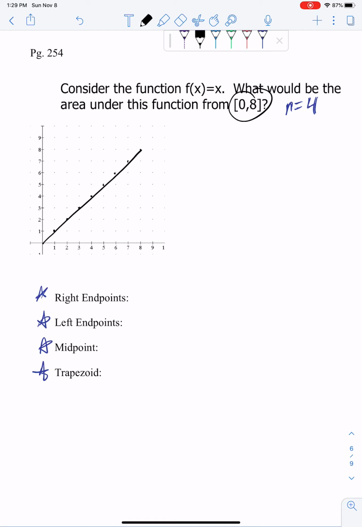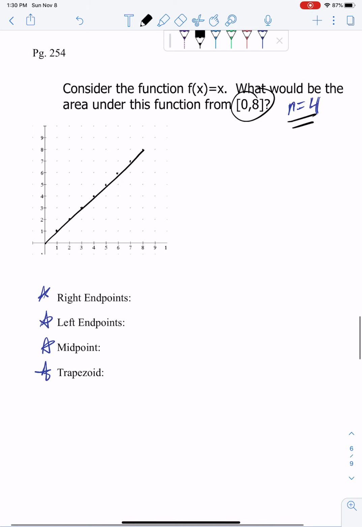Now, in order to find my right endpoint Riemann sum, that means I'm going to break this up into 4 pieces. And for each of those 4 rectangles, I'm going to base the height on the right endpoint. Now, we've got a formula, and I don't like to use it because it's another formula to memorize.